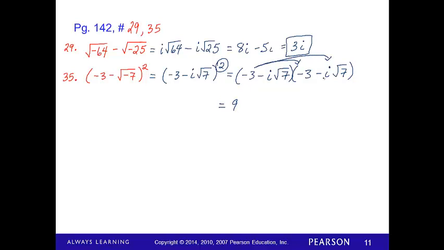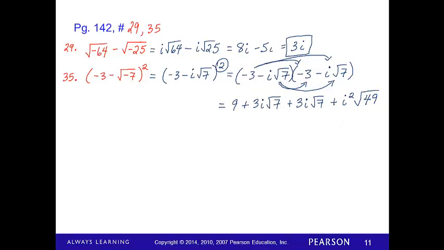Negative 3 times negative i square root of 7 is just plus 3i square root of 7. Negative i square root of 7 times negative 3, again, is plus 3i square root of 7. And negative i square root of 7 times negative i square root of 7 is plus i squared, the square root of 49.